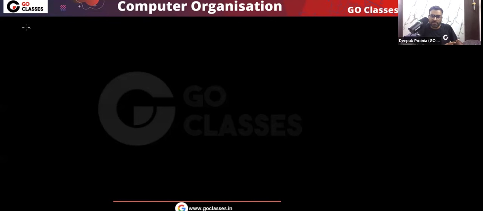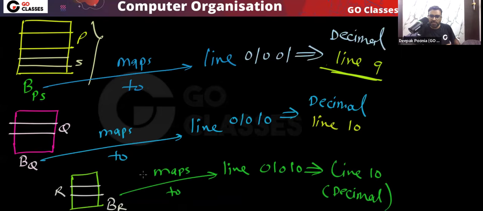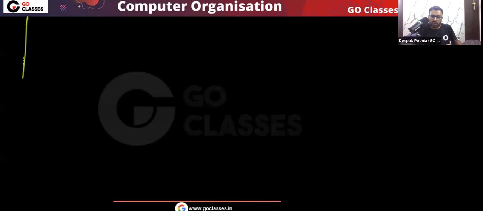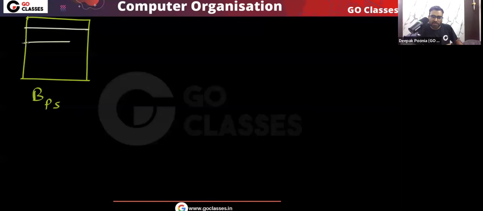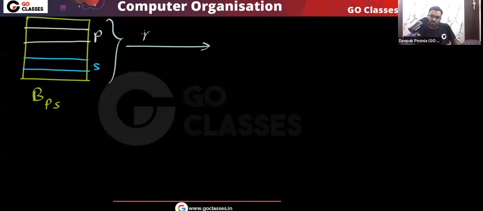So ultimately, remember the block containing P comma S will map to line number 9 in decimal. Yes or no? P comma S belong to the same block, the block containing PS, like this is P and this is S, words belonging to the same block, and this block will map to line 9.